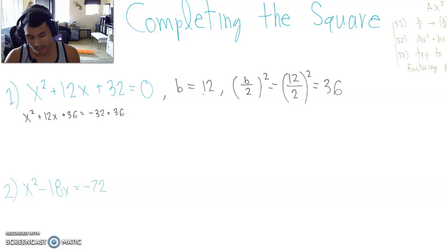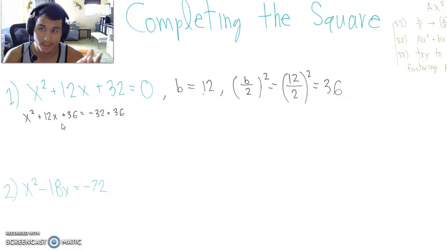Okay, now we got to think about our combination, right? So we got x squared plus 12x plus 36. Let's think about something that is a factorable combination, I like to say. Well, we need it to sum to 12, and we need its product to equal 36. What I mean by that specifically, let's think about the number 6. So 6 times 6 is 36, right? And 6 plus 6 is 12, okay?